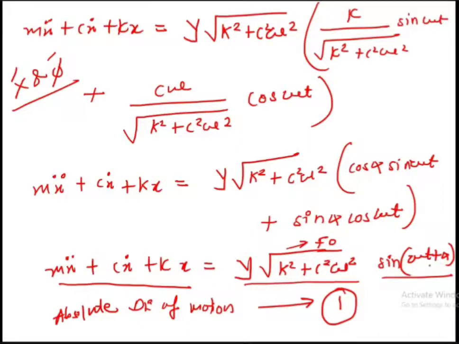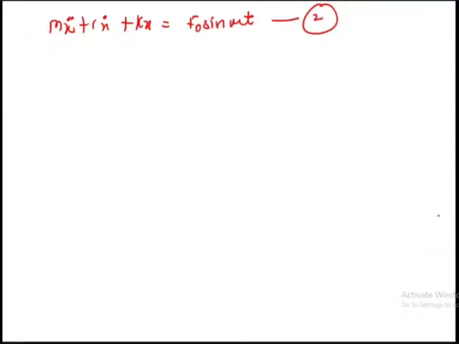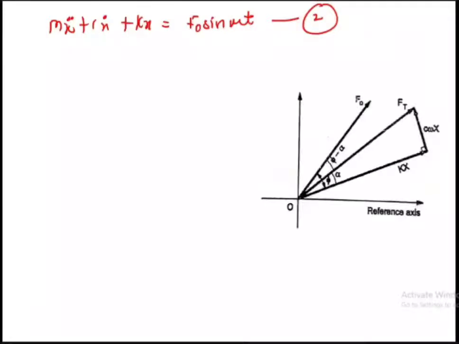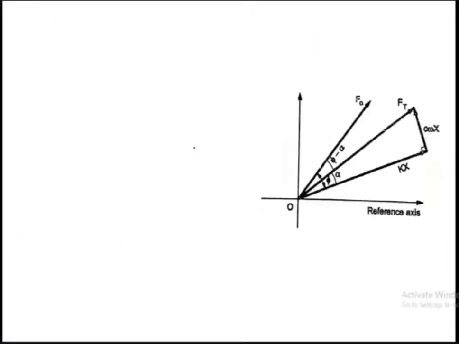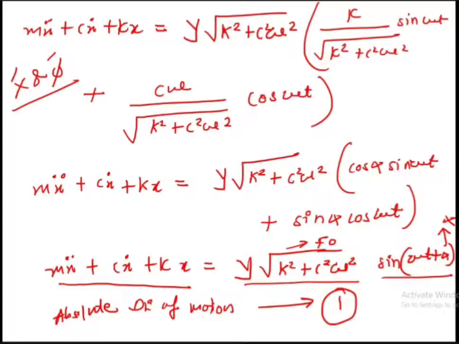So obviously here you are getting an additional term, alpha. For forced vibration you have only omega t, an angle with respect to the reference angle. But here I am getting an extra additional term, that is alpha also. Remember this, I will explain further.